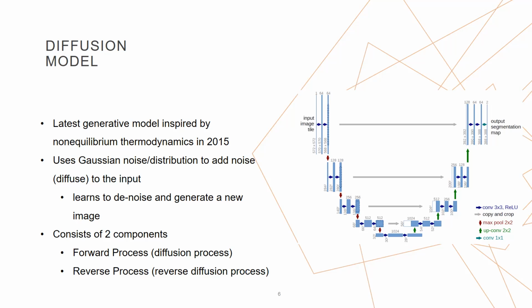So these are the state-of-the-art model for this kind of image generation. We'll go into examples of this in another week. But the main idea is that it uses a bunch of neural networks to take an image, diffuse it, and then learns a way of reverse diffusing it into that image that we get as an output.